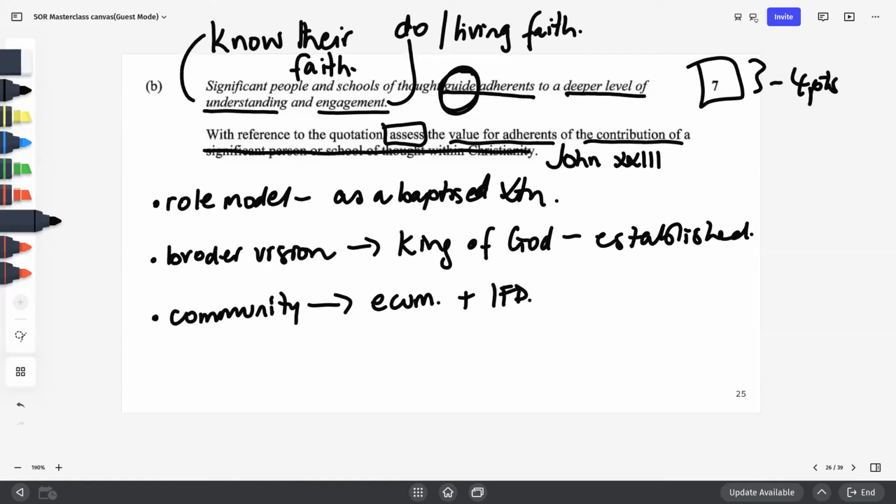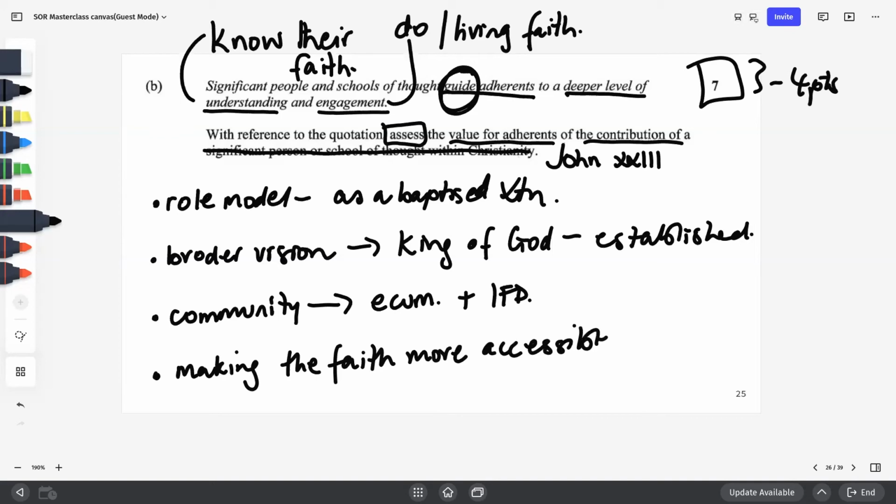And then if you wanted to put one more in there, you could look at what he did, and this is where the specifically Catholic part of his contribution comes in, making the faith more accessible for Christians, for Catholics in particular.